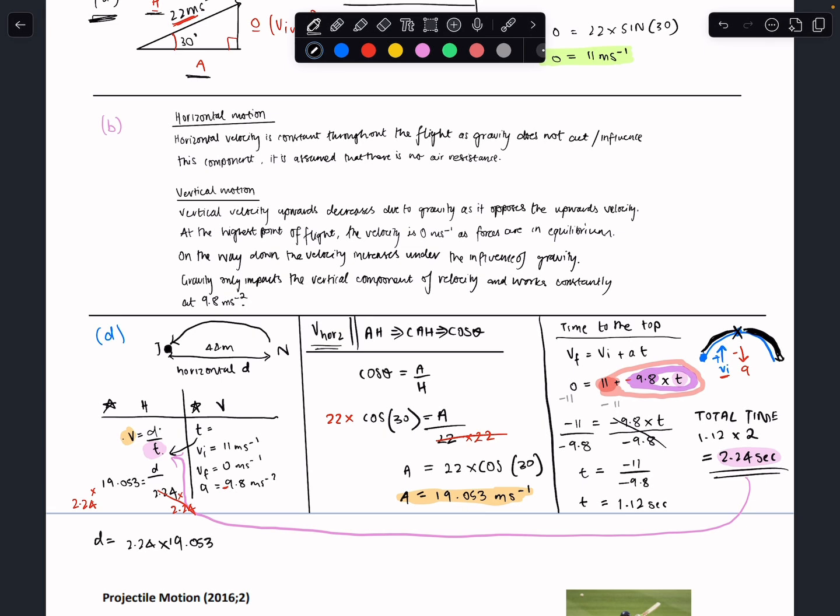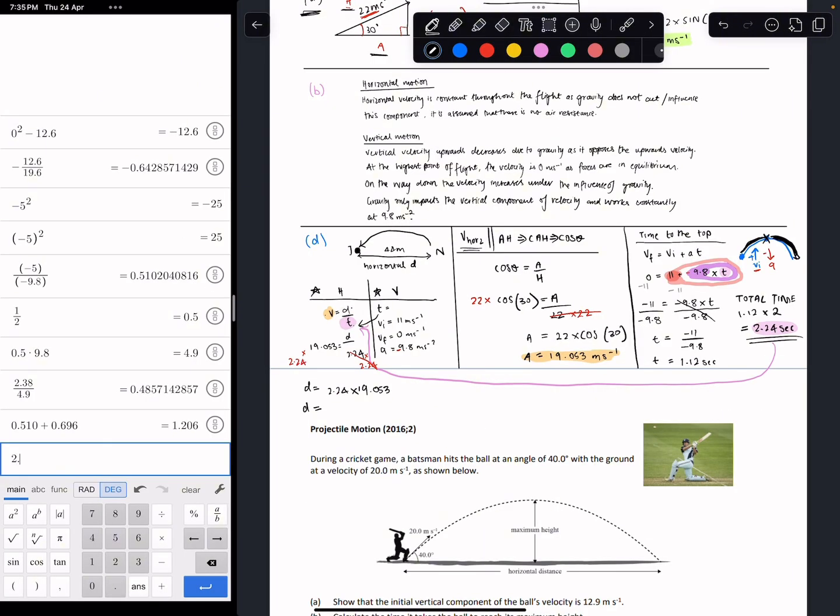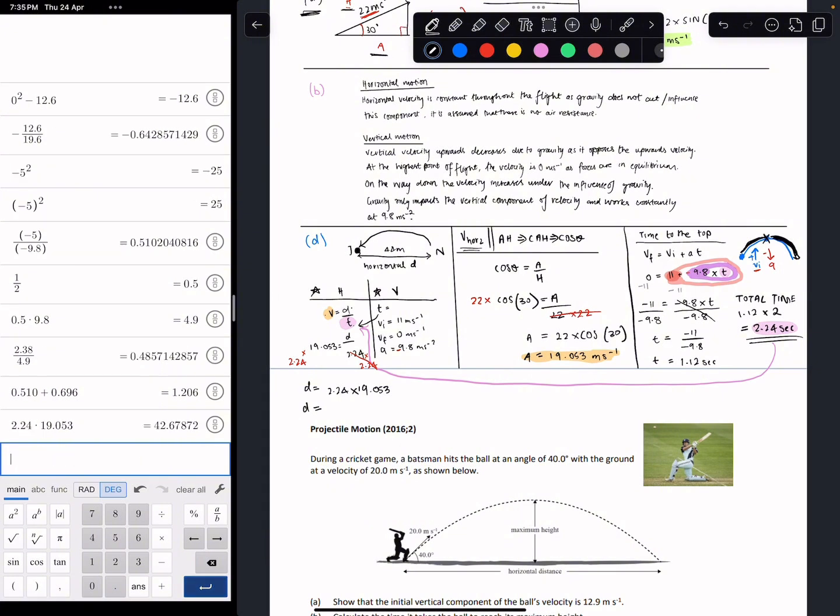And plugging that into your calculator, you should get your answer to find out whether the ball reaches Josie before it bounces or not. 2.24 times 19.053, and we get 42.679 meters.